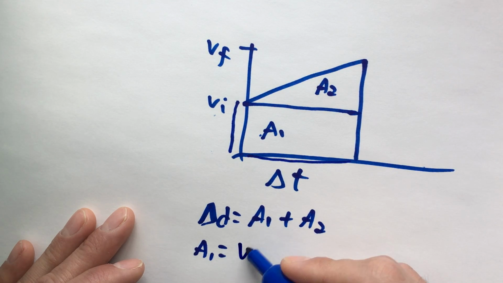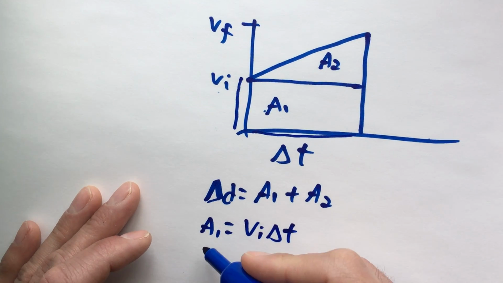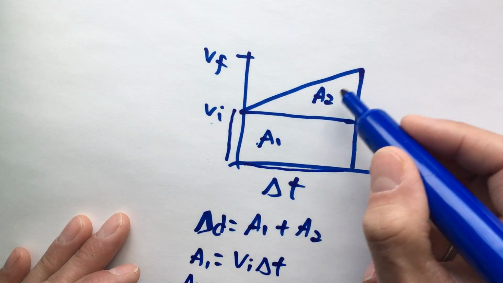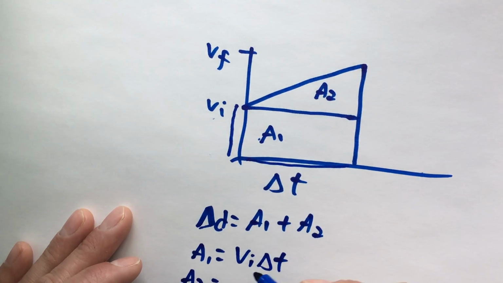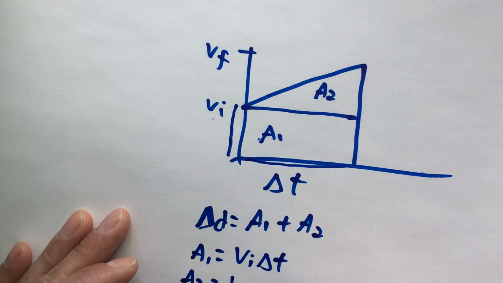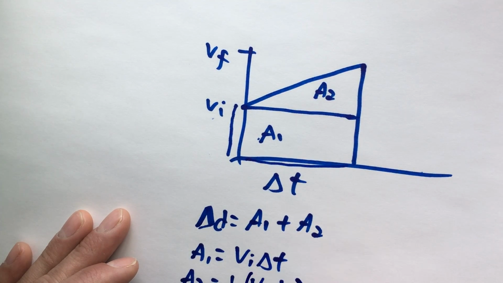So area 1 is VI delta t. Area 2 is a triangle, so its area is half the base times the height. So it is 1/2, the height is final velocity minus initial velocity, and the base is delta t.